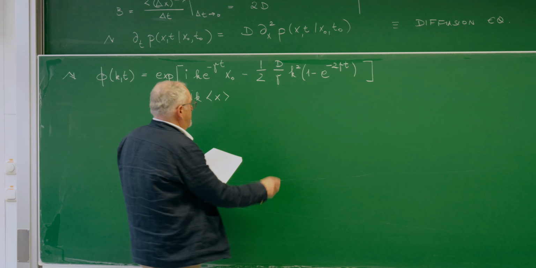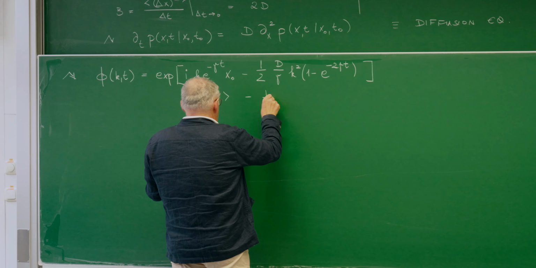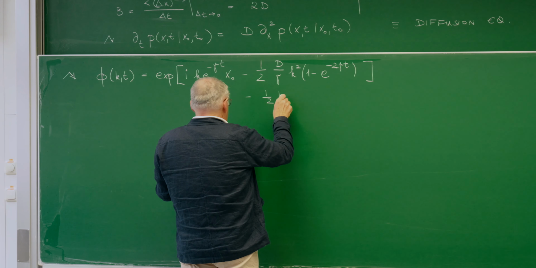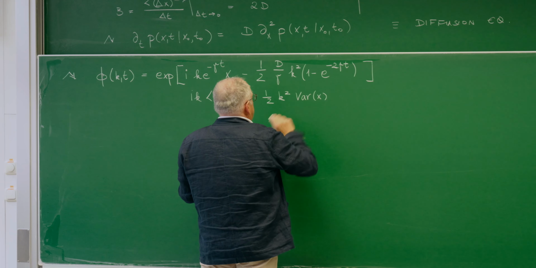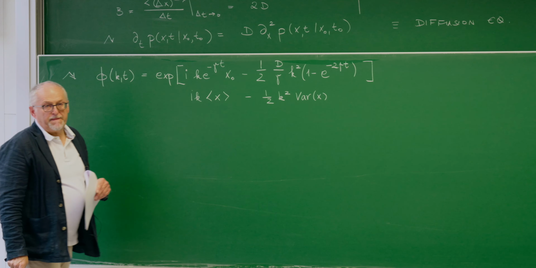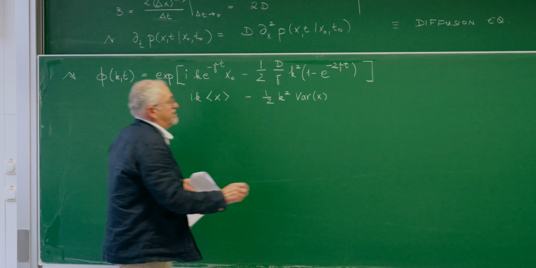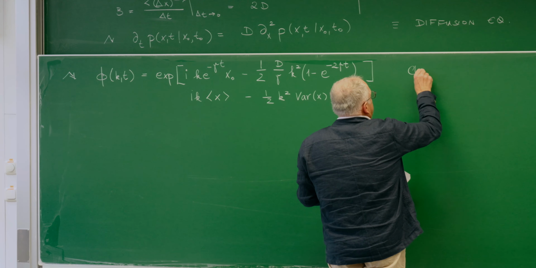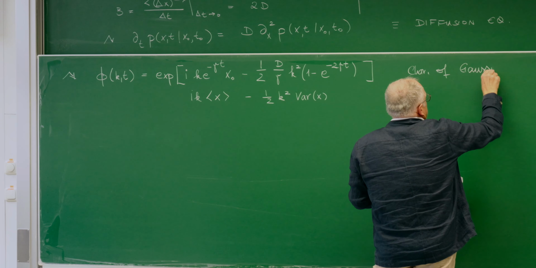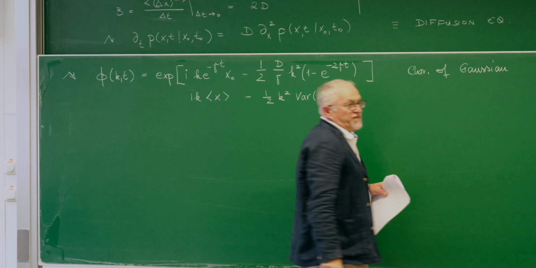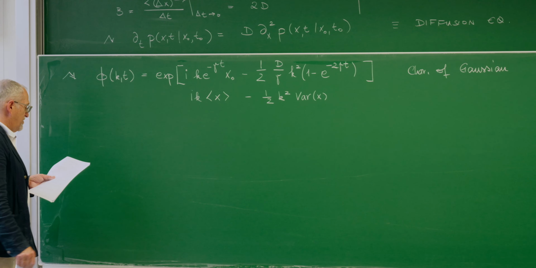And the second term is minus a half k squared variance of x. That then means this is the characteristic function of a Gaussian, and you can simply read off the mean and the variance from it.